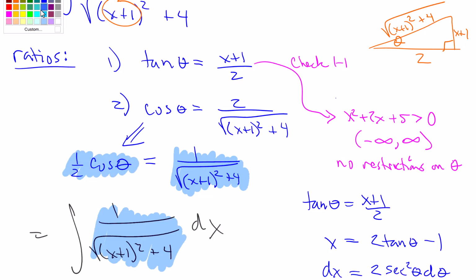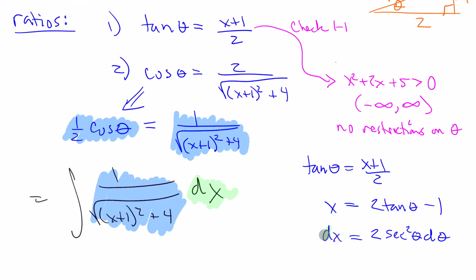That's a huge replacement. But then secondly, we have to deal with the dx, and it turns out we can. As we've also noted, the other ratio tells us dx is equal to 2 secant squared theta d theta. So all the replacing can happen as we would like. All we have left is to do it. So let's take a minute to finish.